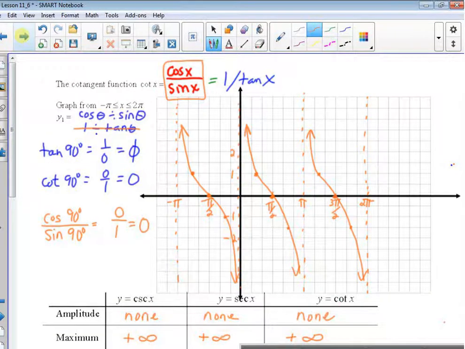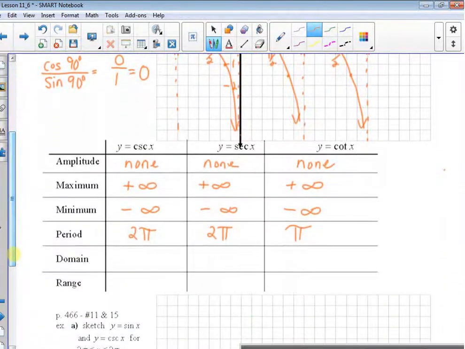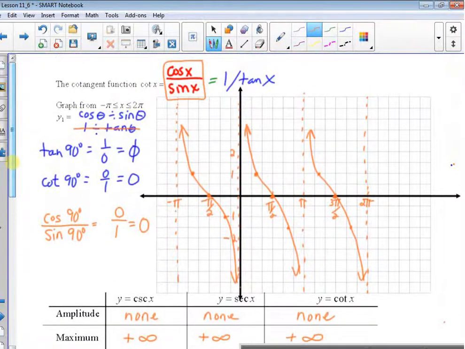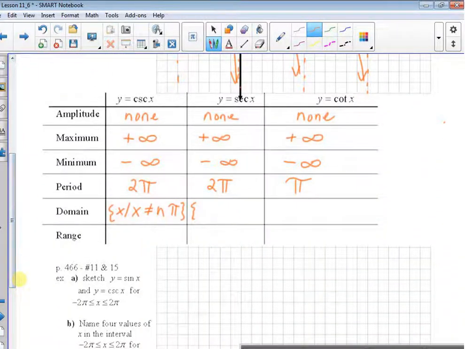So we say that our domain is x such that x does not equal n times pi. And remember, n is an integer. And that is the same for cotan as well. Look at your undefineds, they are at the same spots as they were for cosecant. So x such that x does not equal n times pi, or n times 180.